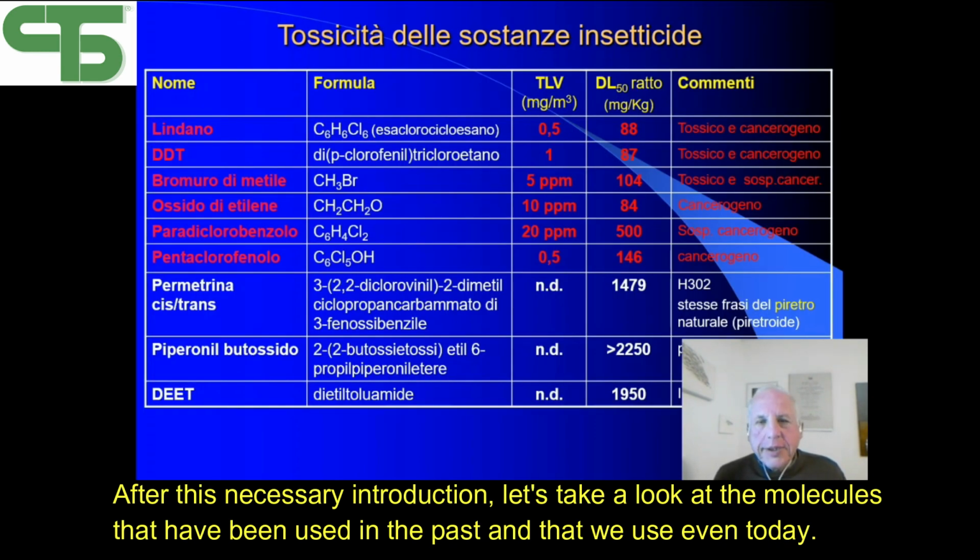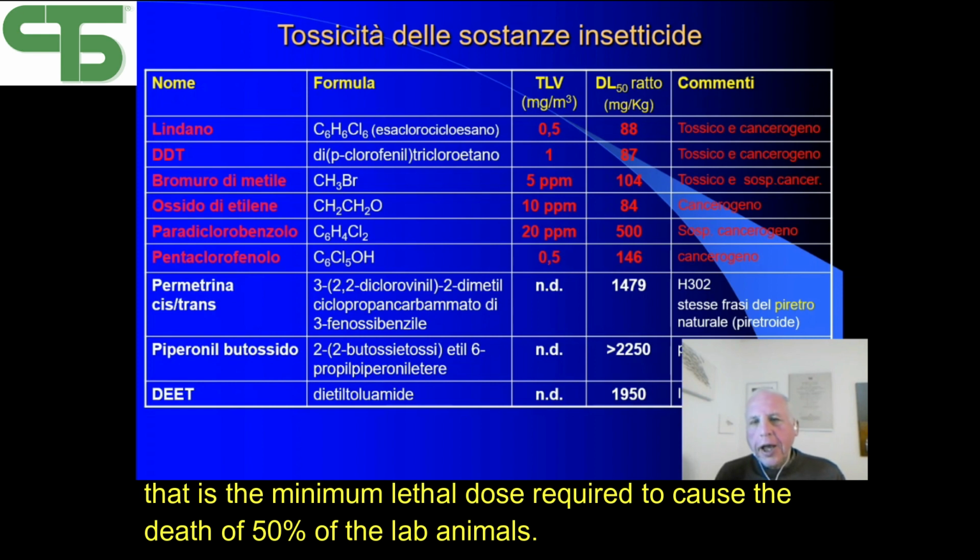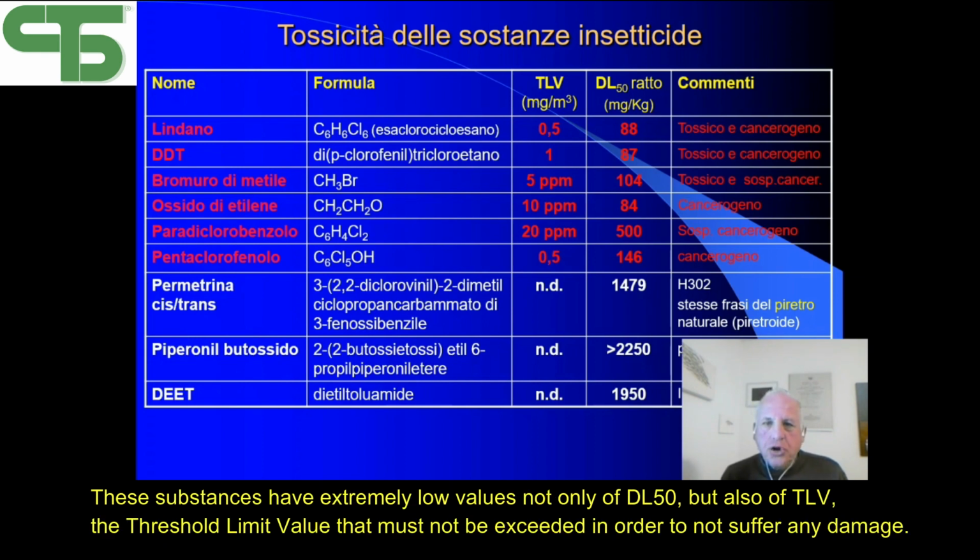After this necessary introduction, let's take a look at the molecules that have been used in the past and that we use even today. We can see how the substances highlighted in red, the most toxic ones, have low DL50 values. That is the minimum lethal dose required to cause the death of 50% of lab animals. These substances have extremely low values, not only of DL50 but also of TLV, the threshold limit value that must not be exceeded in order to not suffer any damage.